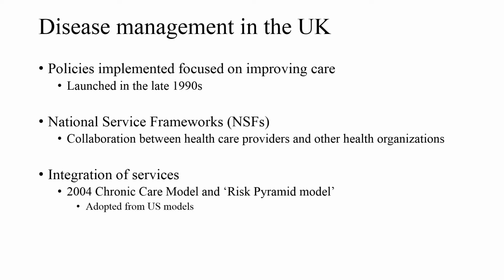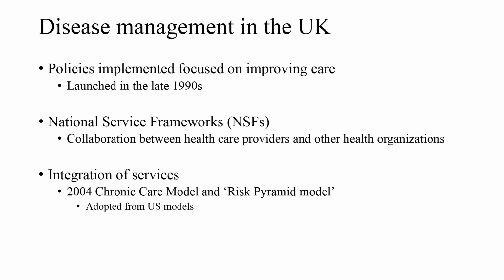But over the years, there's been an increased need for integration of services, which has triggered innovative initiatives that have brought collaboration between healthcare providers and organizations, and a need to integrate the services for people who have multiple complex problems.